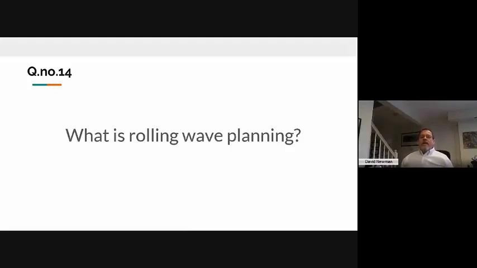Rolling wave planning is the form of progressive elaboration used within traditional or predictive project management. Progressive elaboration is the major technique used within Agile. So if a person is talking about both of those, they might refer to the fact that rolling wave planning is not used in Agile because Agile is its own form of progressive elaboration.